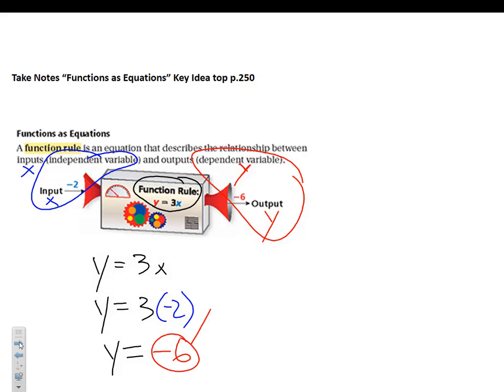And voila, we have -6 as our output. So that's how the function rule works. So we're going to practice writing some of those function rules from some words. Go ahead and write this down and then join us on our next slide.